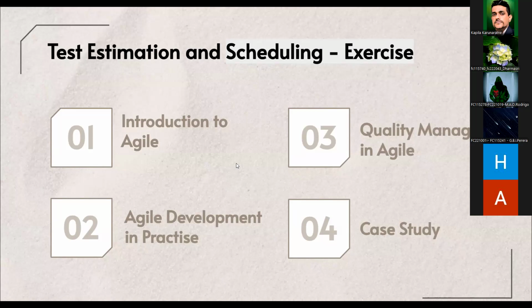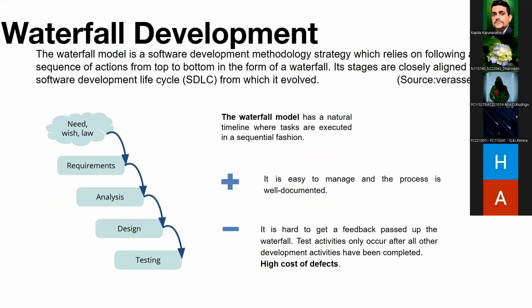I think we discussed this at the very beginning as well. Before we move into Agile, software development life cycle started with the waterfall model, which we discussed. It's a phase by phase approach. Once one phase is completed, the team moves to the next phase, and testing comes at the end.